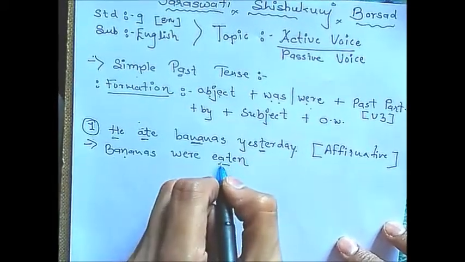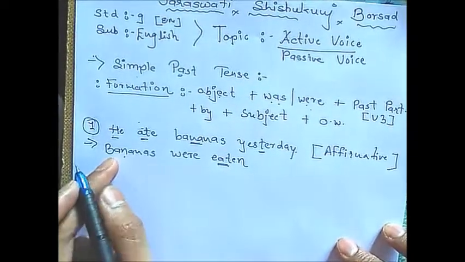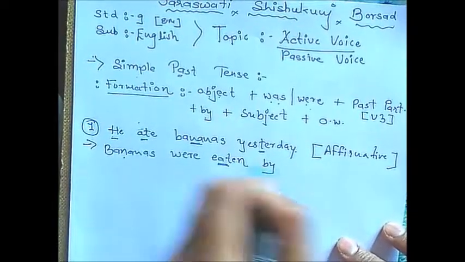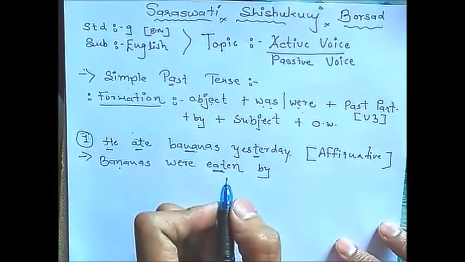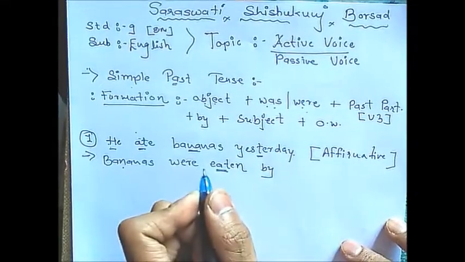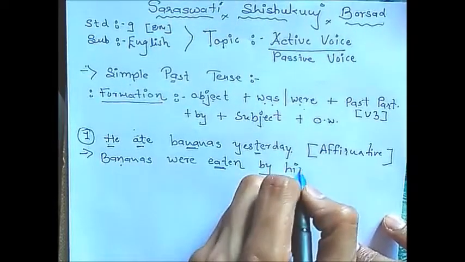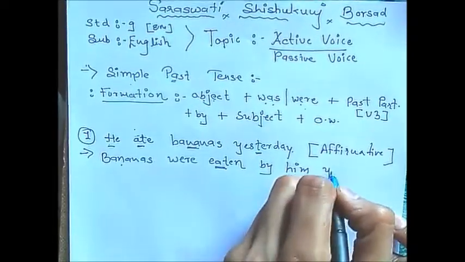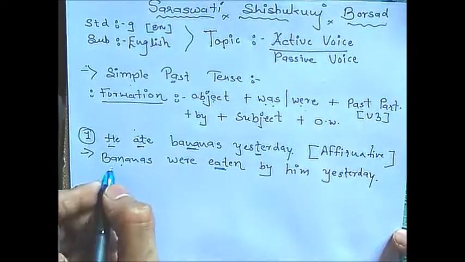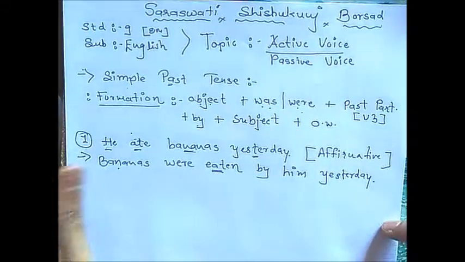Because this is the V3 form of to eat. Bananas were eaten, then after we have to put by, and at last he. Now in the very beginning I have given you that table. Keeping in mind that table, he will be changed to him, and then at last you have to put the other words. Bananas were eaten by him yesterday. So this is how you can go.